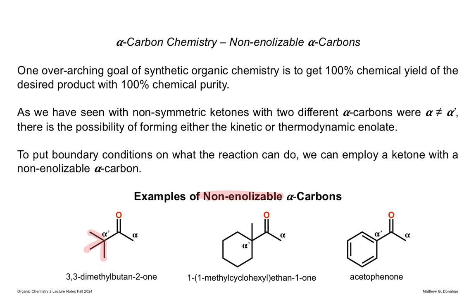The second example is just another example: I've taken two of the methyl groups and tied them into a ring. And then in the last example, the carbon is now sp2 hybridized, but it's part of a benzene ring. As I said, as humans, we want to control the environment, control the situation, and this is a way of doing that. So we're saying, okay, it can only react here, and I don't have to deal with all of these other issues.